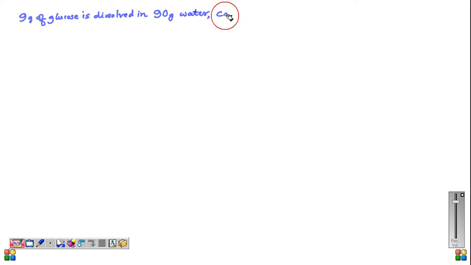Calculate the relative lowering of vapor pressure.